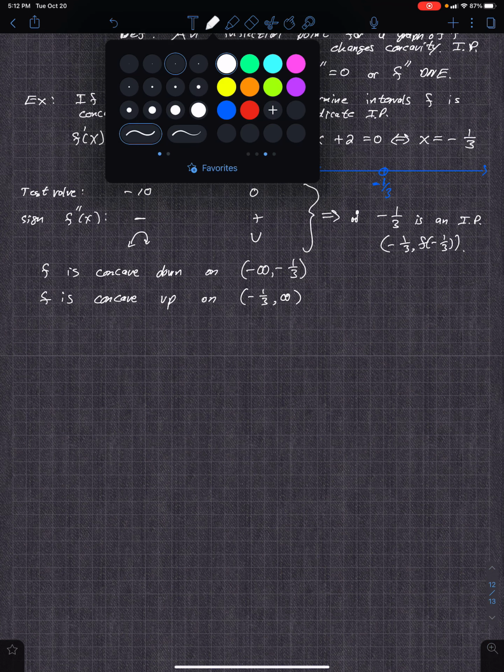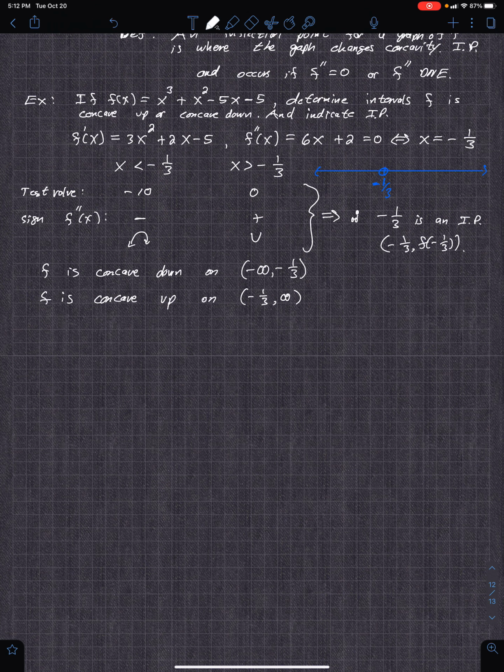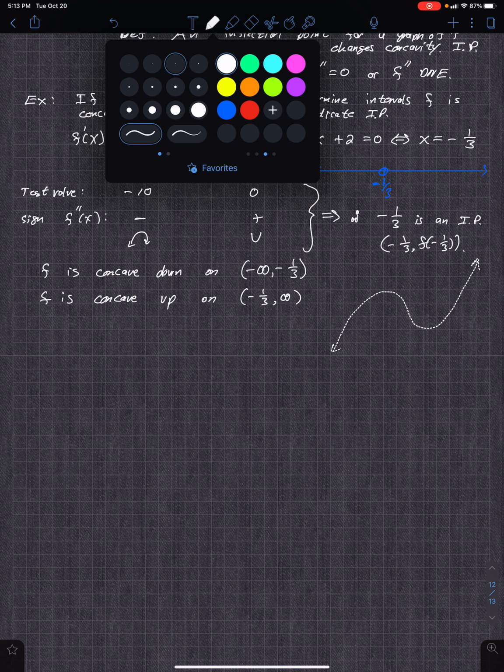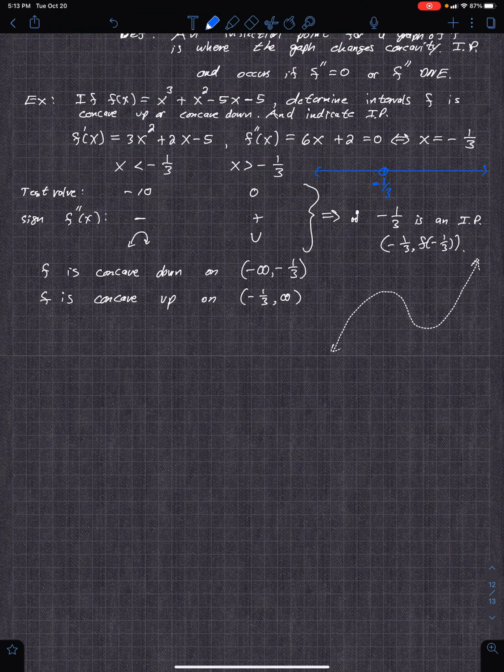So the graph probably looks something like this, and this is just a sketch. I'll just make it look like a sketch. The graph does probably something like this. And then right at -1/3, right about here is where you can see it changes concavity from concave down.